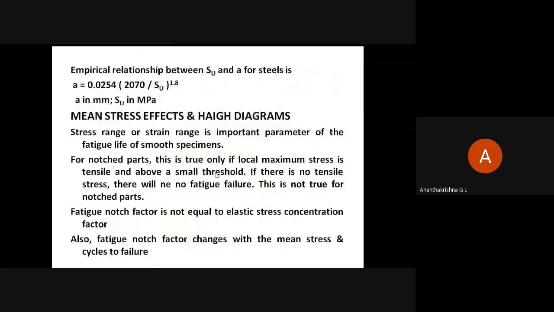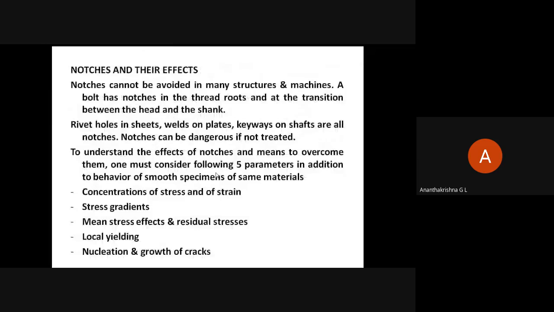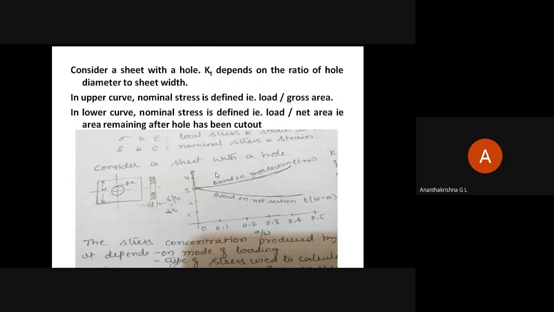So the last part of module 3 was notches and their effects. As usual, we know what stress concentration and stress gradients are; we learned these in our undergraduate program.